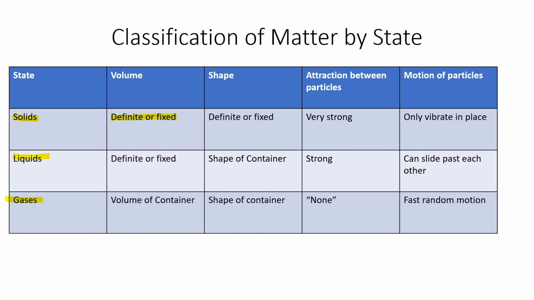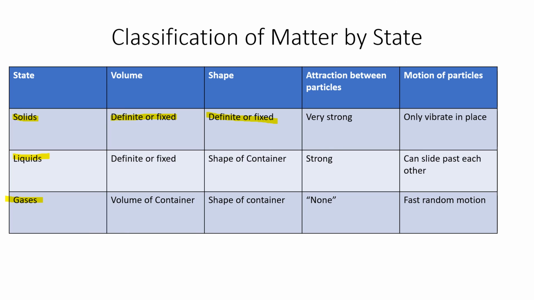Now, for the shape of a solid, we know solids can come in every imaginable shape. We're not listing shapes. Instead, we want to think about what general properties we associate with solids and shape. That general property is that solids have a definite or fixed shape.